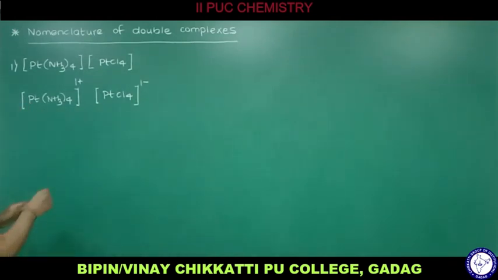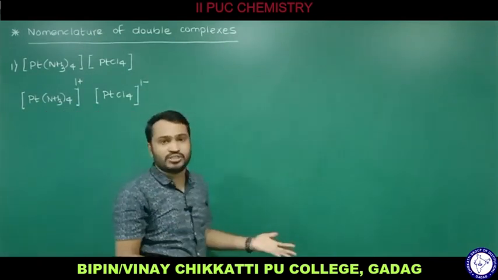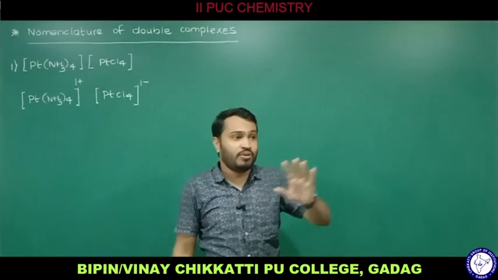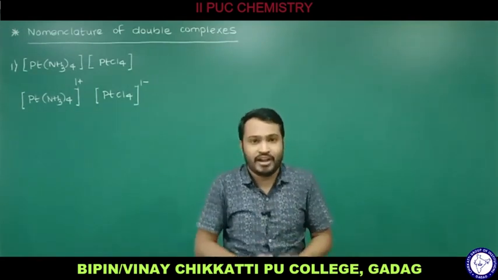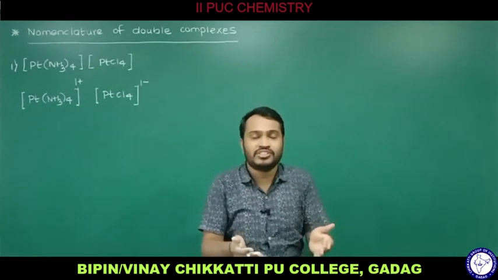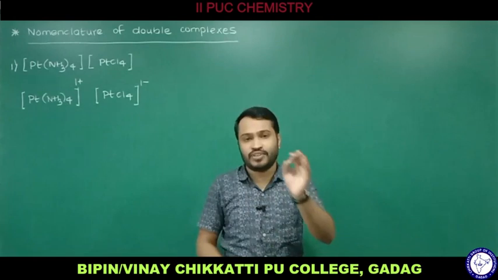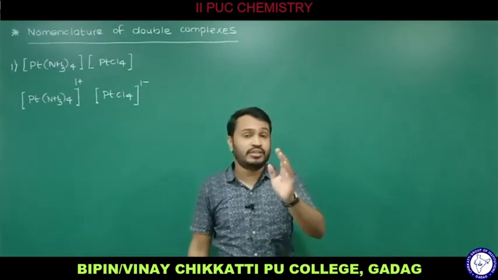Before that you should have knowledge of the variable oxidation states of platinum. We have discussed the s block elements, p block elements, d and f block elements also, and we are aware of the elements which have variable oxidation states and what the variable oxidation states of the respective elements are. Platinum belongs to the d block elements.